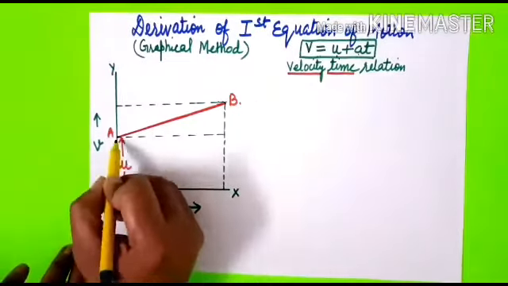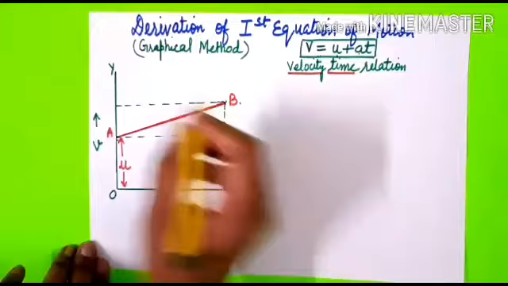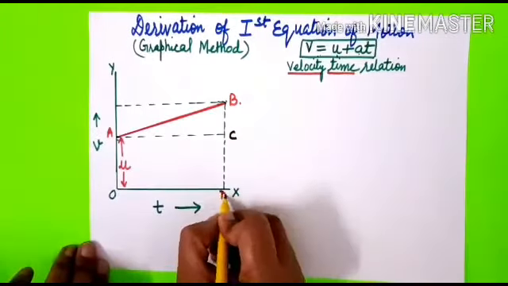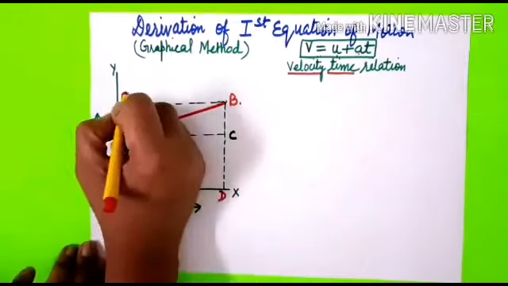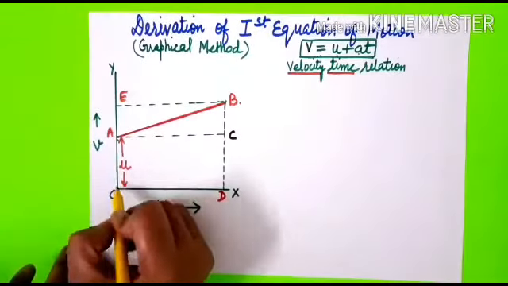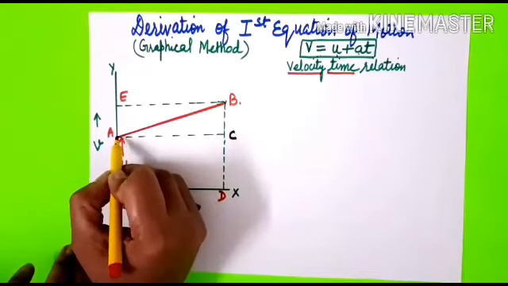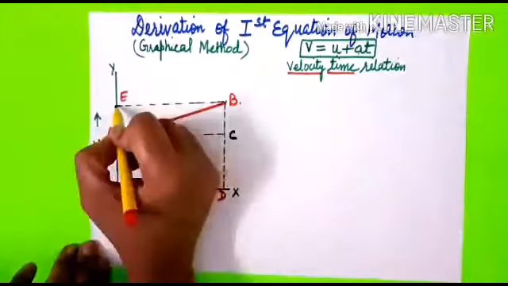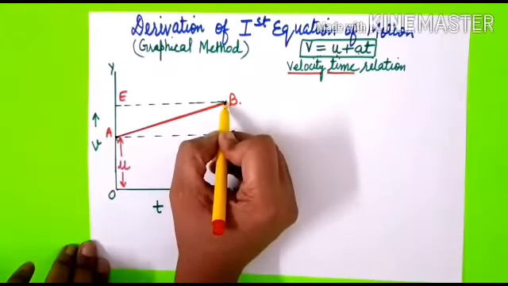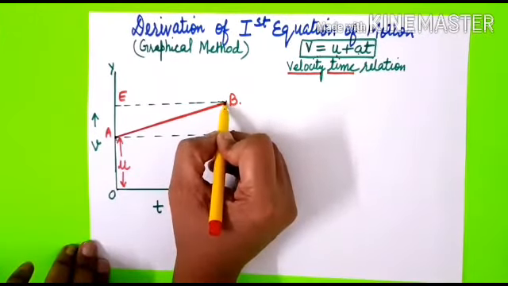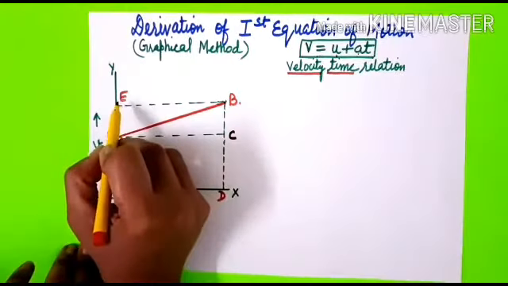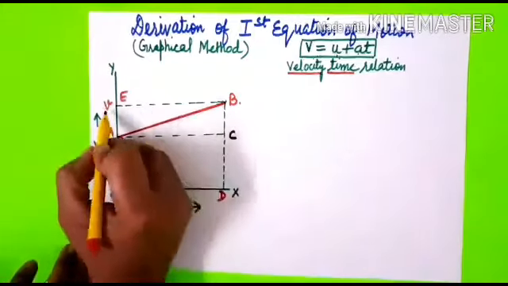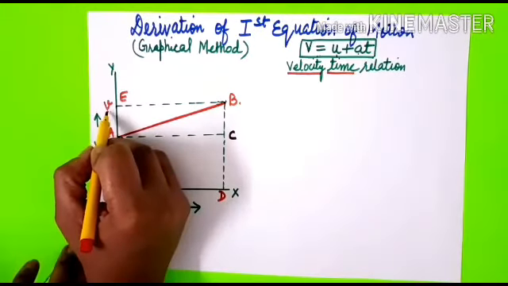This is O, A, B, C, and this is D, and this is E. Clear? And this O is where the person started his journey with velocity u, and ended his journey at point B, and the point parallel with B on the y-axis is E. So here we can represent the final velocity, that is v.